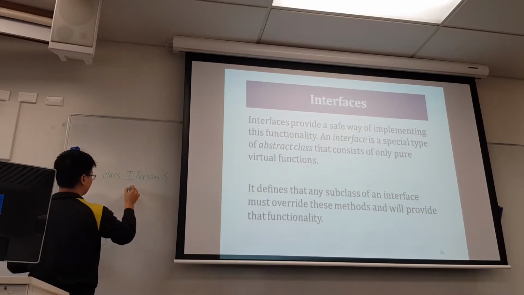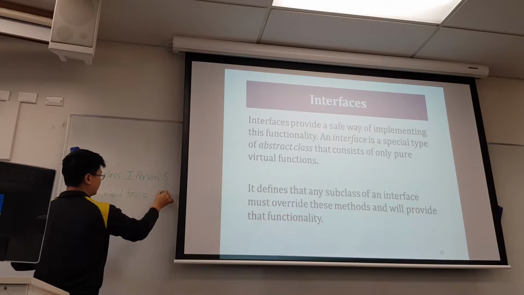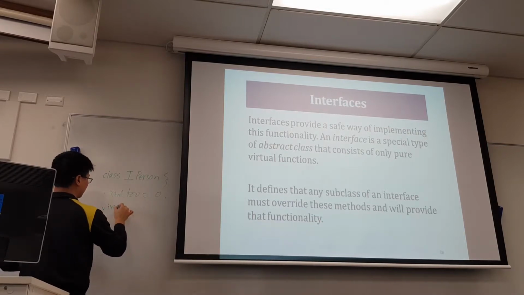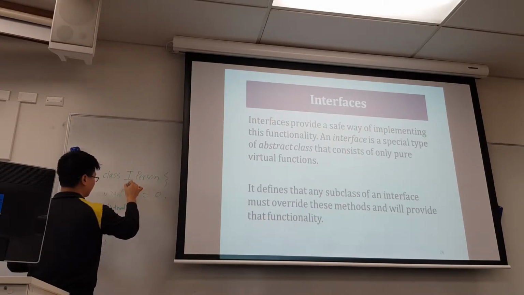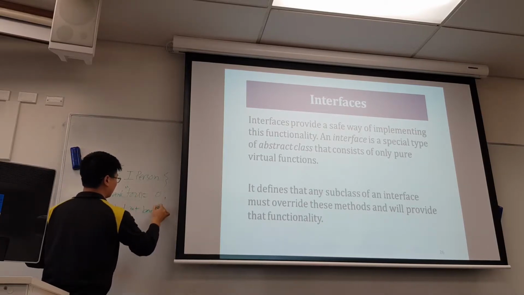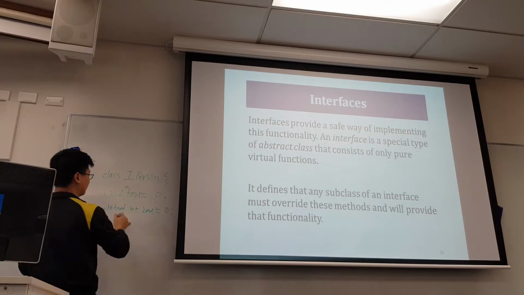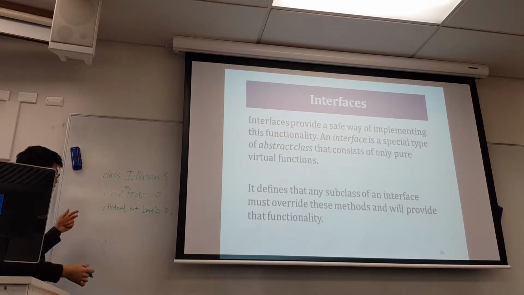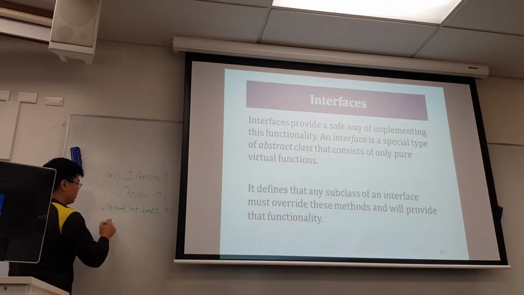You can have virtual foo, pure virtual void foo, and virtual bar is also pure, and all the other functions are pure. And then you can have your data member as well.